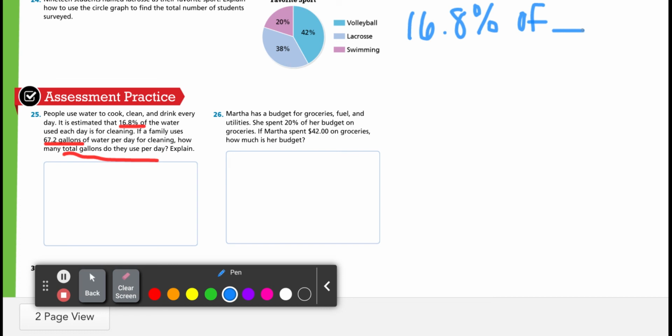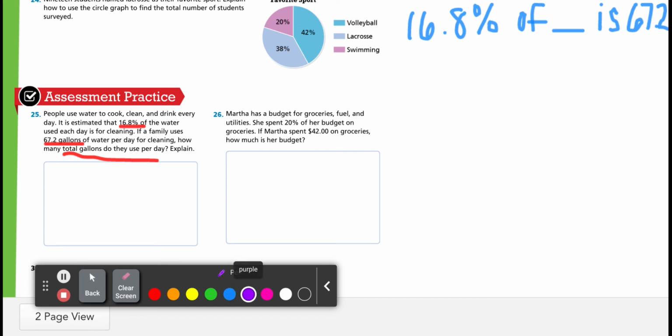So we have 16.8% of some amount is what number? How many gallons of water do they use for cleaning? They use 67.2. So we took that information from the word problem and we're not yet in a math sentence.